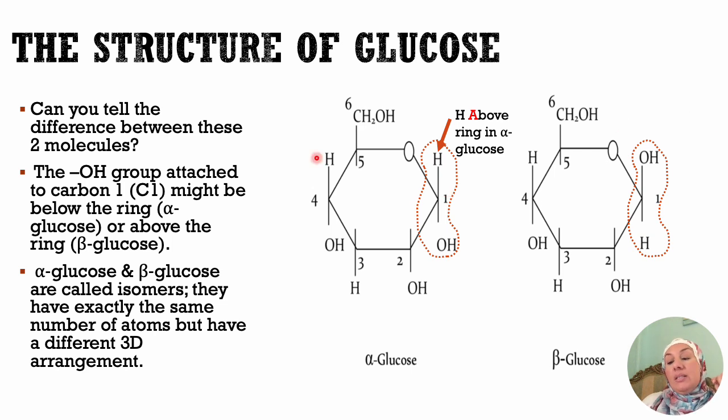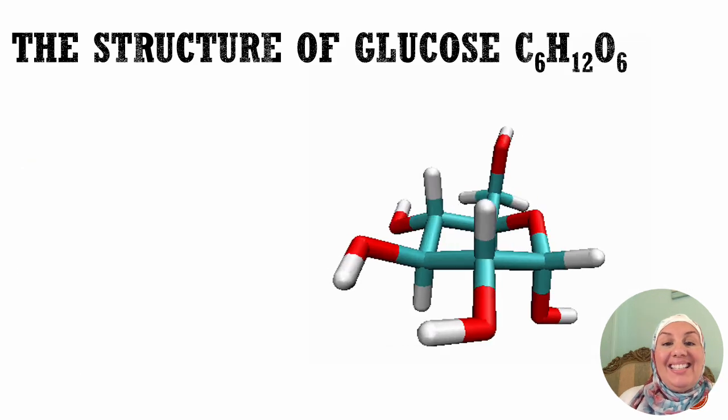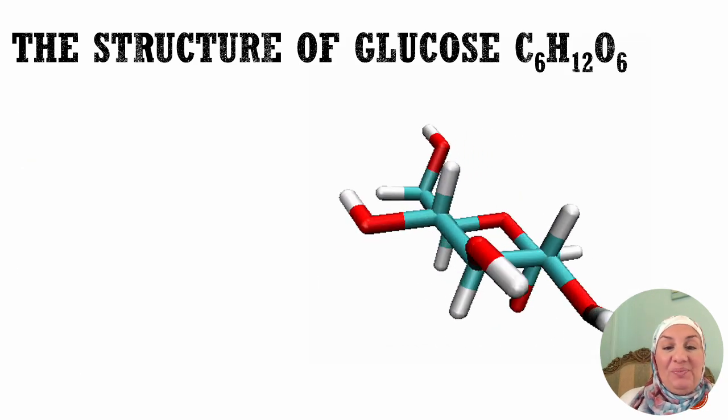But what if it is below the ring? This is called beta glucose. Okay, that's what we call it. These are called isomers. They have exactly the same number of atoms, but they have different 3D arrangements.